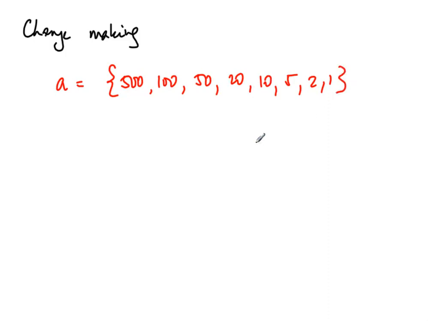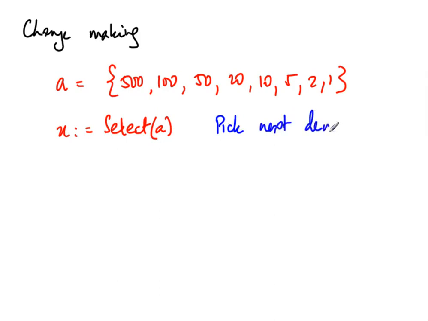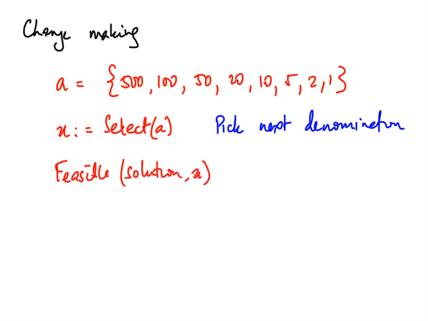Now this step X equal to select A is to pick the next denomination. And then this test of whether feasible solution of X is true is if the denomination is less than or equal to the current balance.